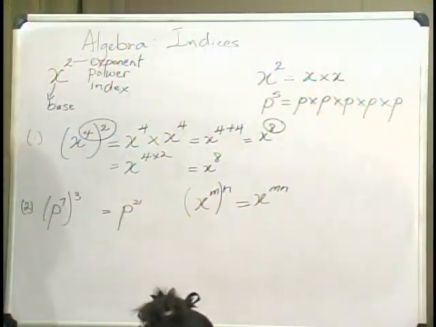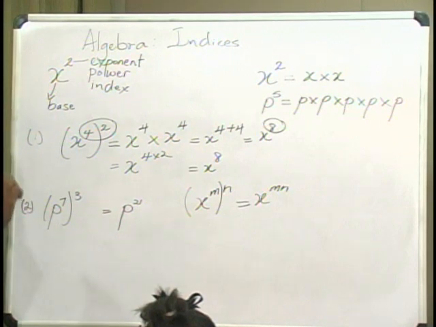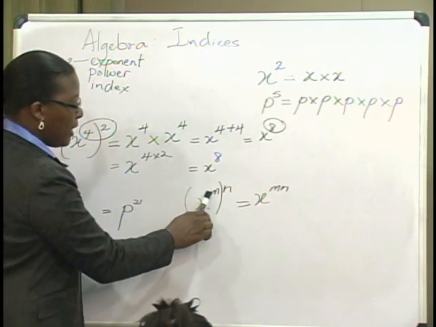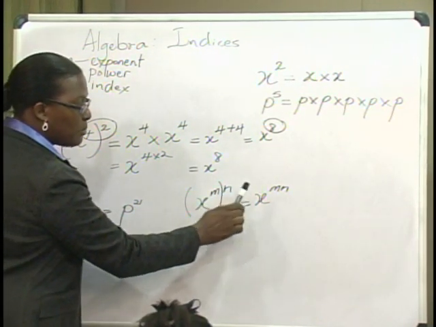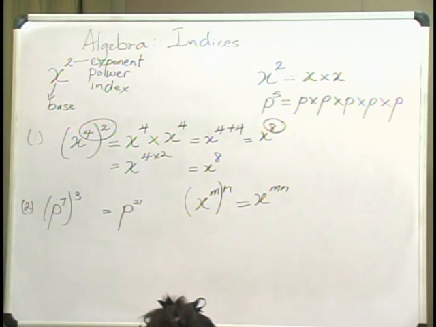Right. Good girl. So we generalize here. When a power is raised to another power, we simply multiply. So that's our fourth little rule.